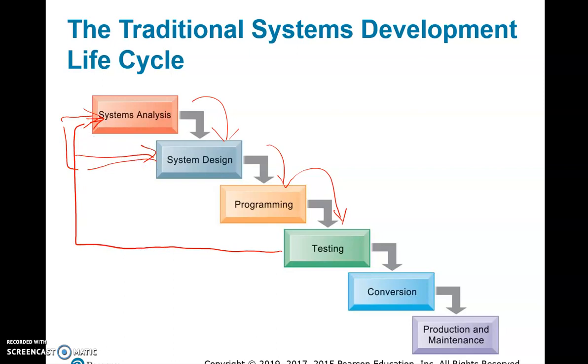If the conversion is not going to work, then you might want to test more. And if by testing more you find more problems, then you might want to go back to the systems design and then do the programming. So this is more iterative. The traditional waterfall approach that we are talking about also includes an iterative process.